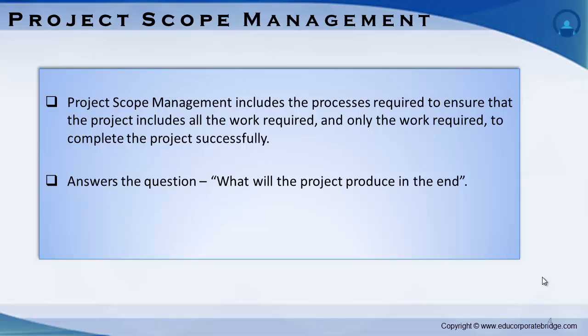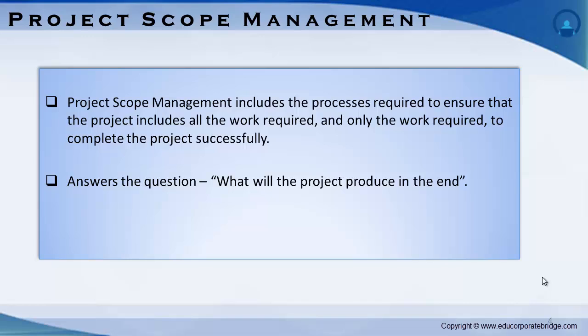Project scope management is all about managing the scope and defining the work to be done for building the desired product. Coming to the definition of project scope management, it includes the processes required to ensure that the project includes all the work required and only the work required to complete the project successfully.